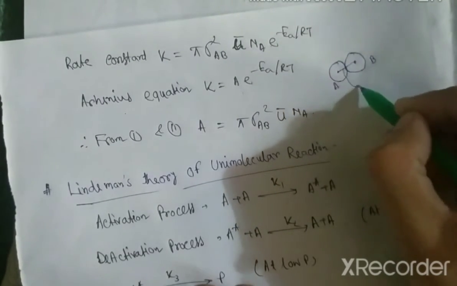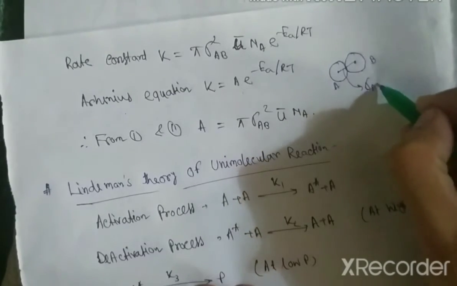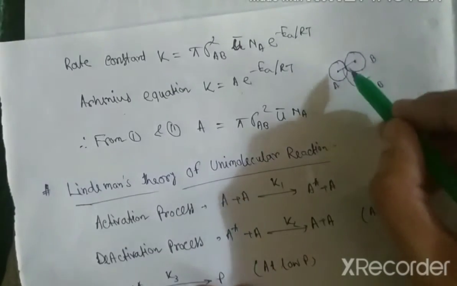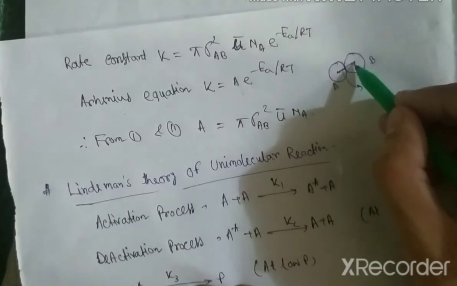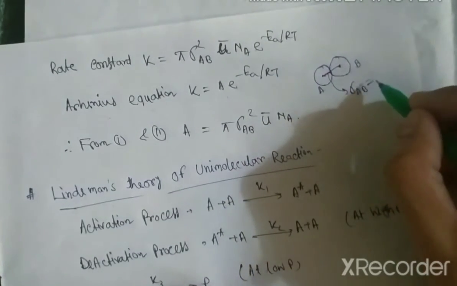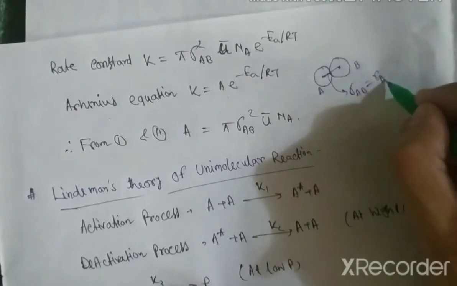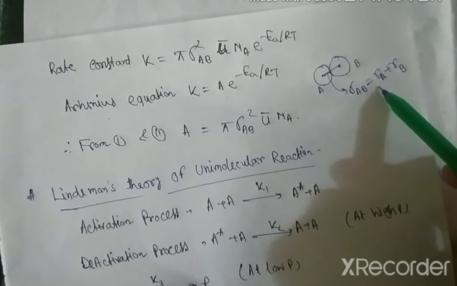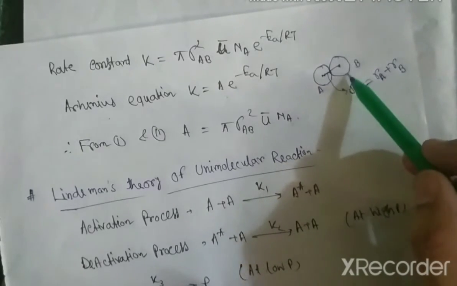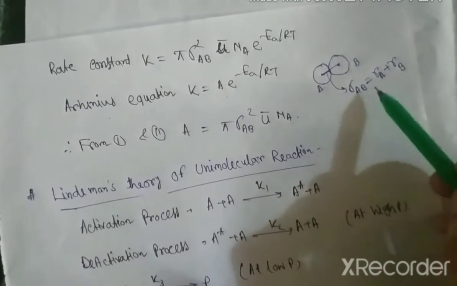This total is denoted as sigma_AB. This is the radius of A and this is the radius of B, hence we can also write sigma_AB is equal to r_A plus r_B. Now if you know the values of r_A and r_B, you can easily calculate sigma_AB.